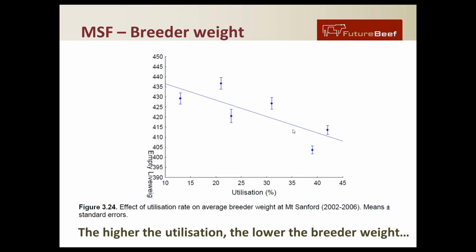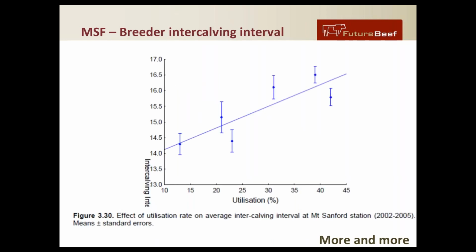A similar trend was followed through into the breeders' weights. The breeders that were in the heavier utilisation rate paddocks were lighter than the ones in the lower utilisation rate paddocks. And as we all know, the state of a cow's body condition affects her ability to get back in calf.